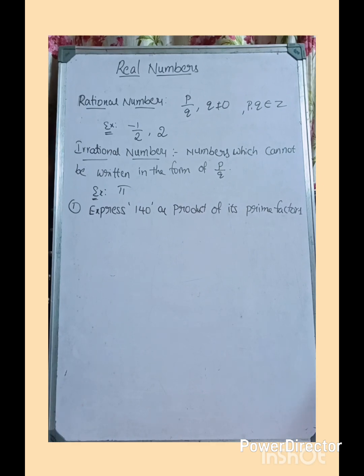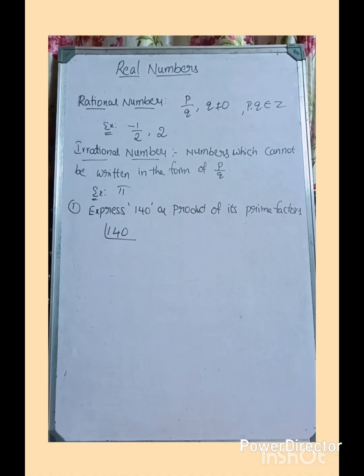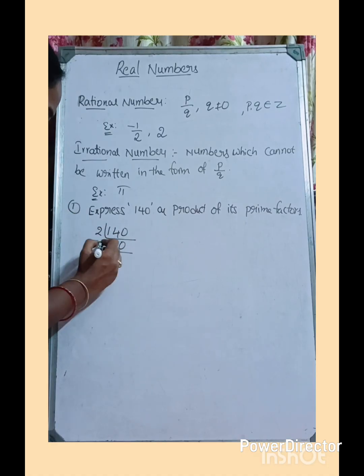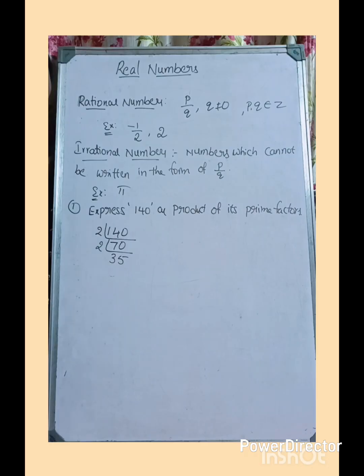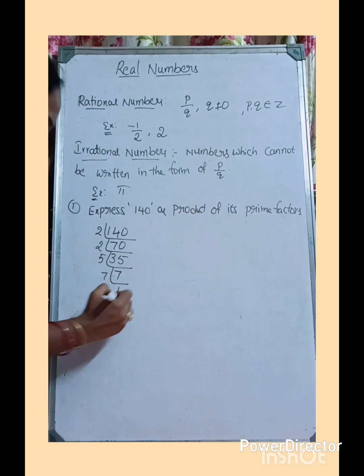That means we need to use the prime numbers. As we know, the prime factorization of 140: 2 7s are 40, as 2 is a prime number, and 2 35s are 70, and 5 7s are 35, and 7 1s are 7.